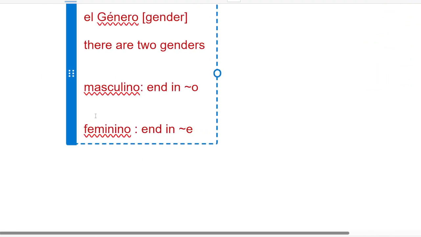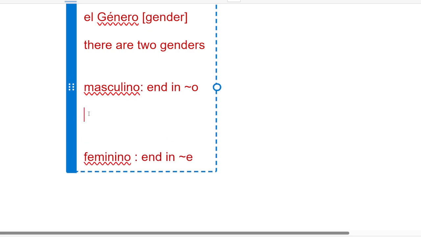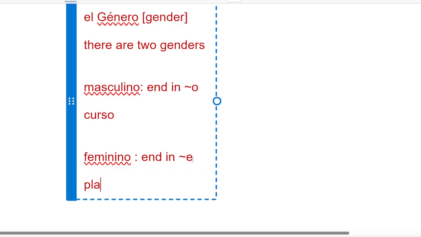For example, curso, it is ending in o. And here we have playa, okay? Sometimes masculine can also end in an, sorry, I think this would be a.